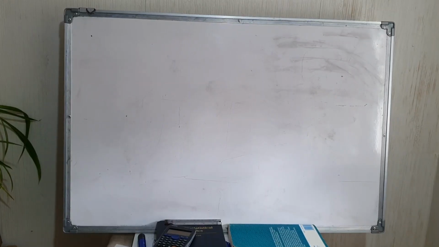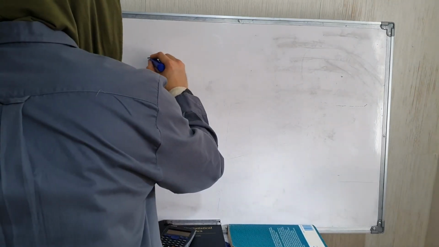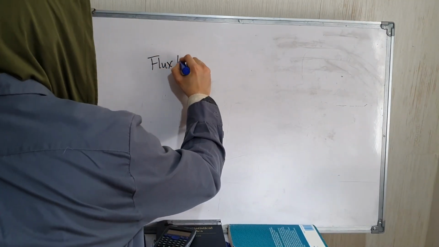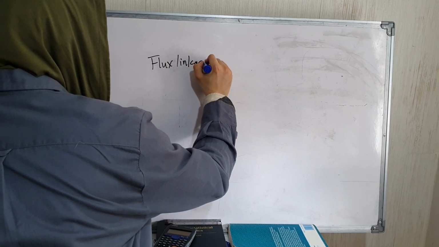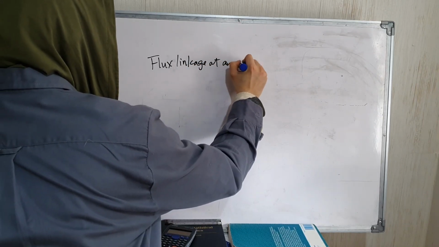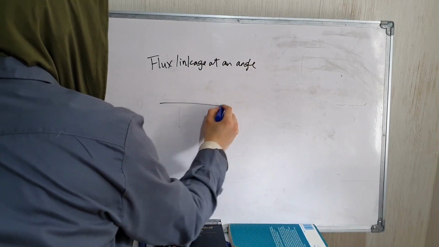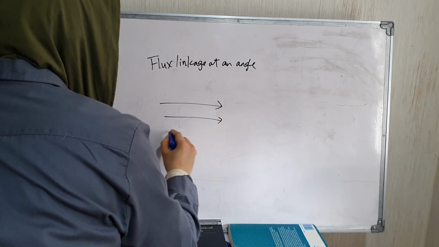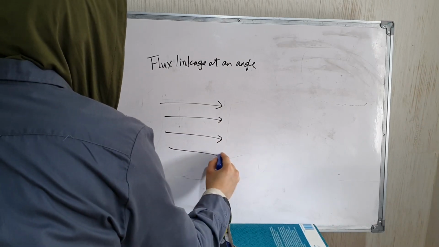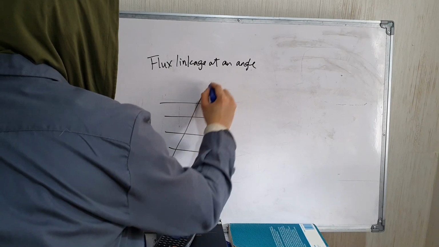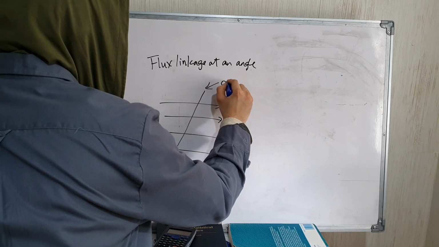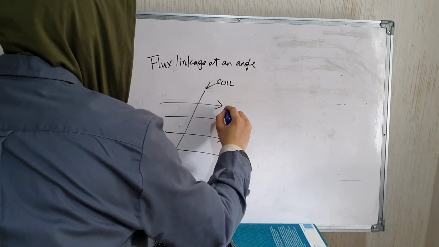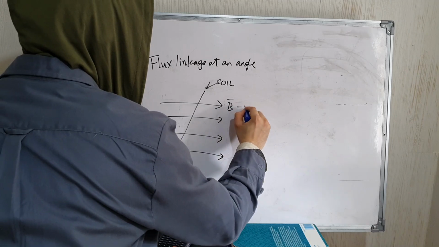Flux linkage at an angle. If we write down, here are the field lines and the coil of wire here. So let's just say that this is the coil. This is the magnetic field lines.